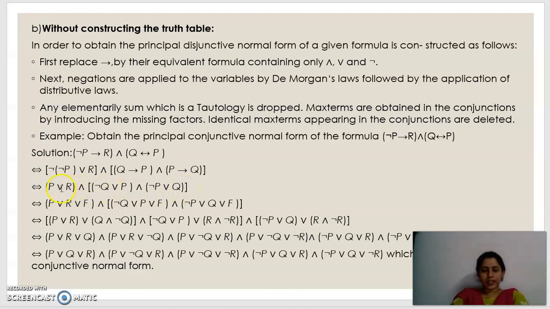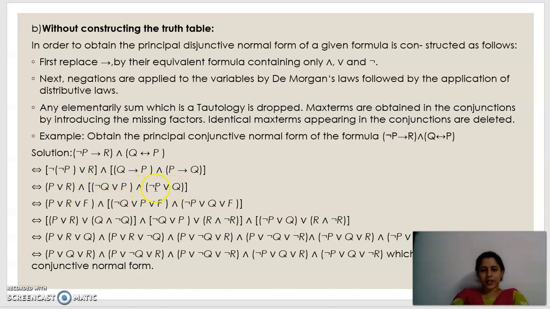If you observe this, in the third step the given statement is in conjunction normal form, but it is not a complete principal conjunction normal form. Why? Because in the first part, P, R are there and Q is missing. In the second part, P, Q are there and R is missing.